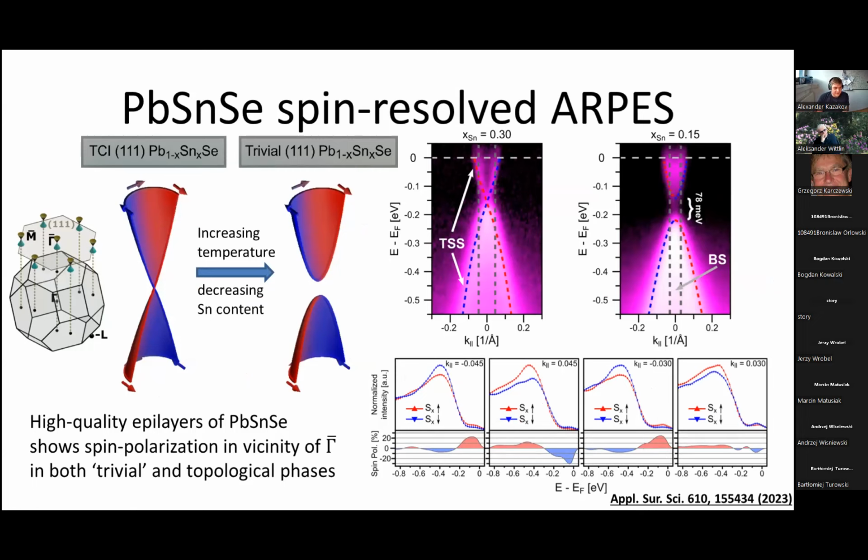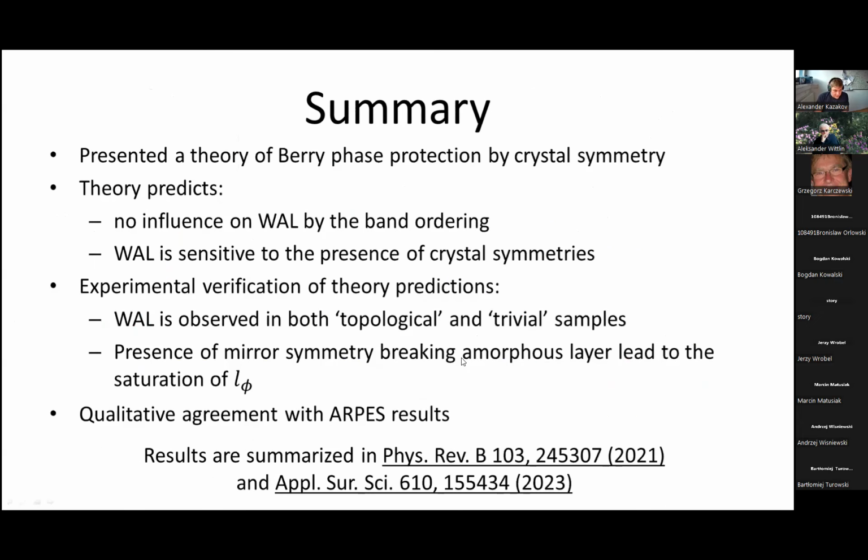So there is also not that much difference between topological and trivial cases. And in that sense, it is quite aligned with the results we obtained for weak antilocalization. So this is the summary of published work.